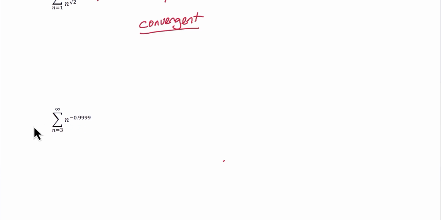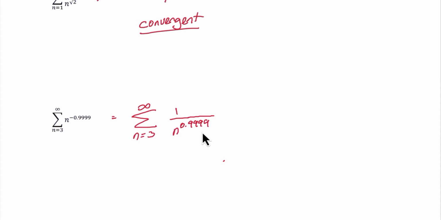In our next example, we have, again, a p-series. We can think of this as the sum from n equals 3 to infinity of 1 divided by n to the 0.9999. That negative exponent will push it to the denominator.